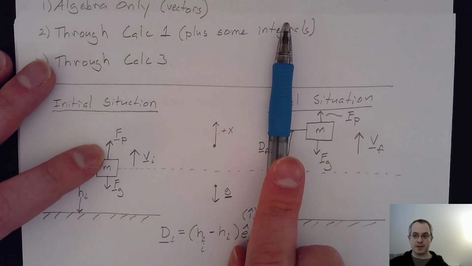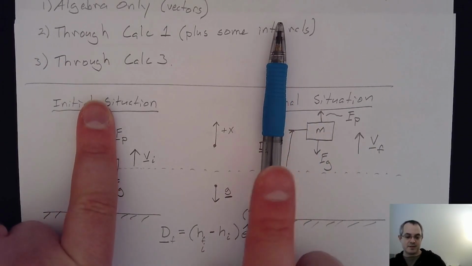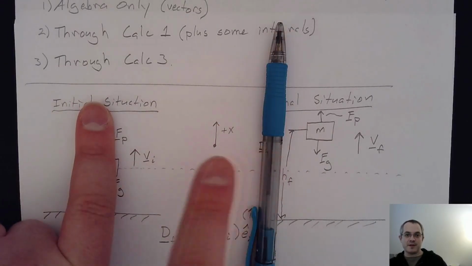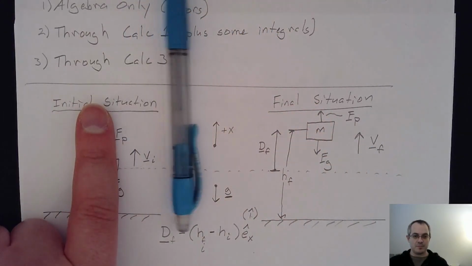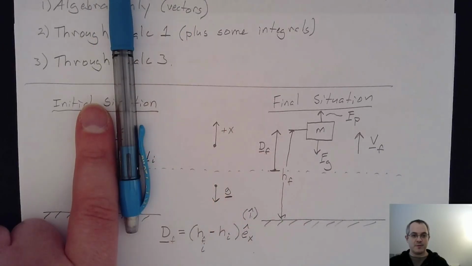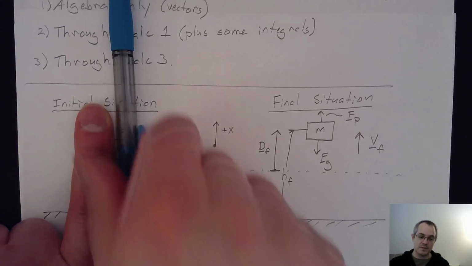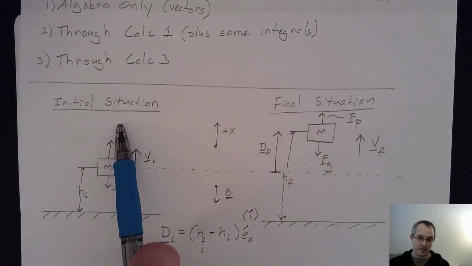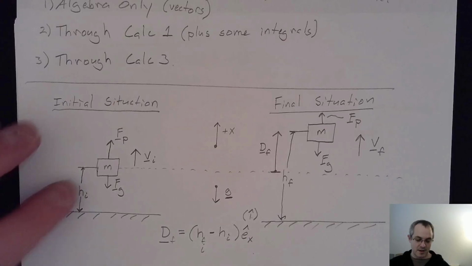Those are parallel to each other, right? So if we bring them together, there is no angle between them. The angle is 0. The cosine of 0 is 1. So Fp dot d, the displacement vector, is just F times d, just the magnitudes multiplied by each other.